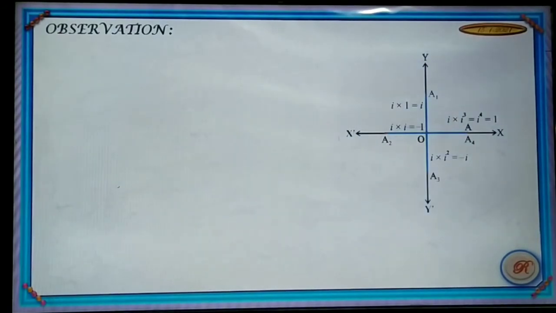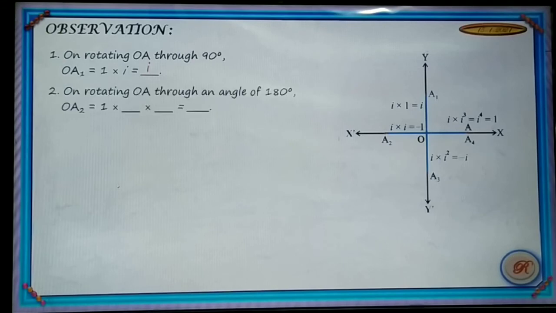Observation. Number 1. On rotating OA through 90 degrees, OA1 is equal to 1 into i is equal to i. Second one, on rotating OA through an angle of 180 degrees, OA2 is equal to 1 into i into i is equal to i square.